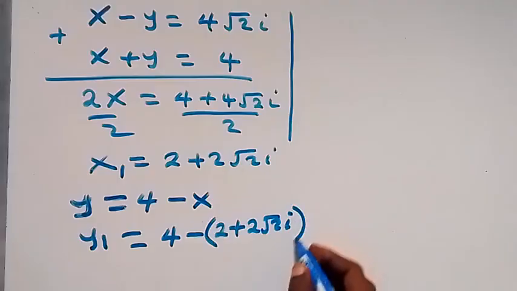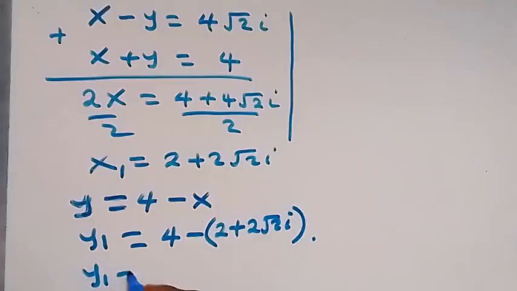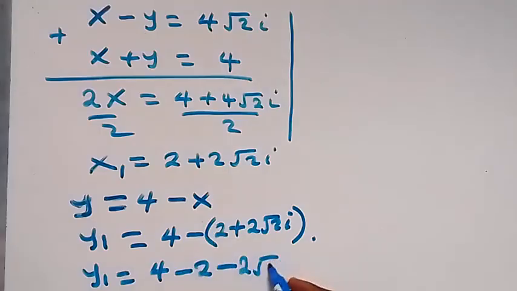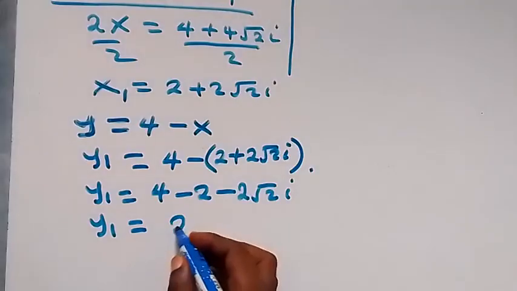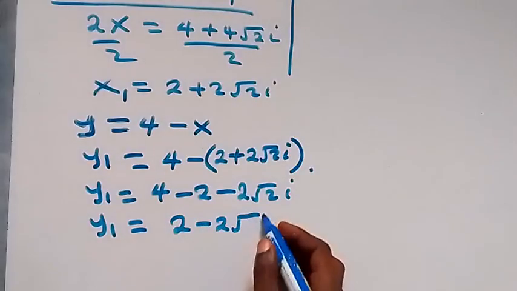Then from here, y1 will then be equals to 4 minus 2 minus 2 root 2i. Then y1 will then be equals to 4 minus 2 from here, same thing as 2. Then minus 2 root 2i.